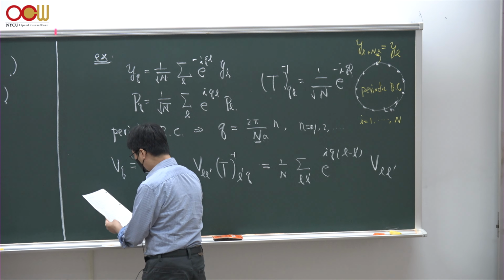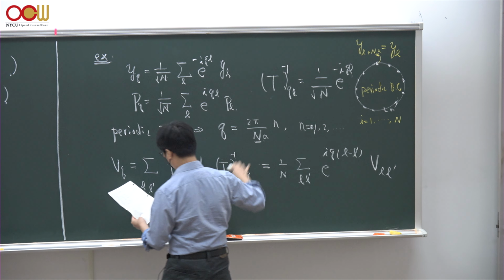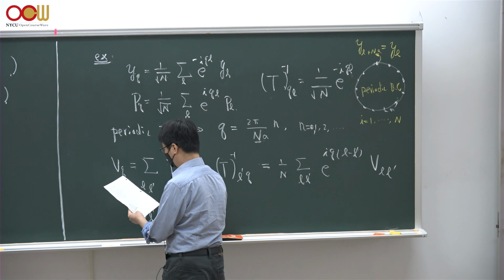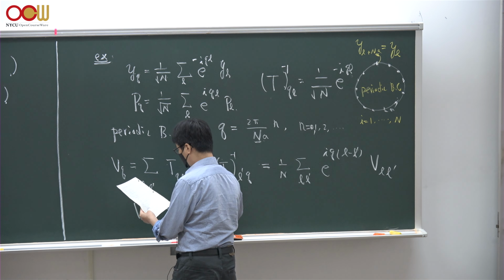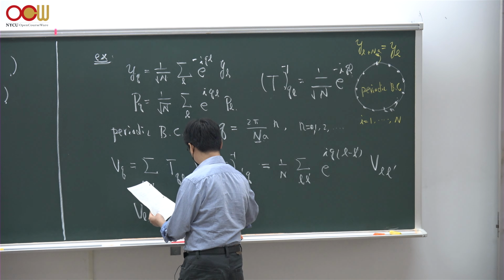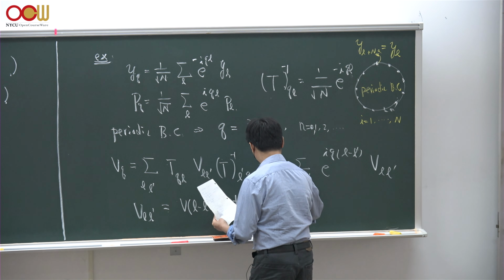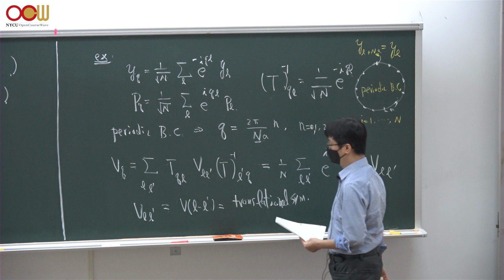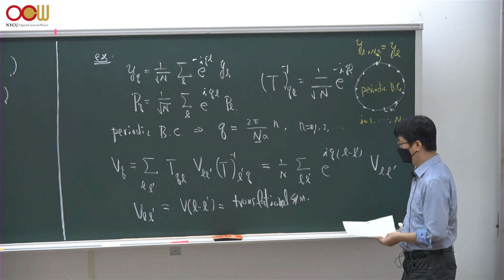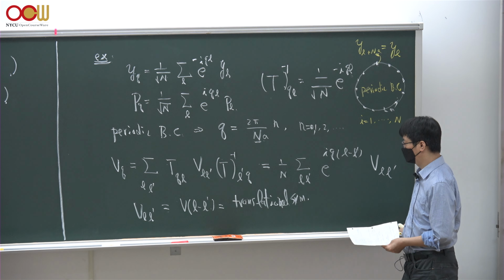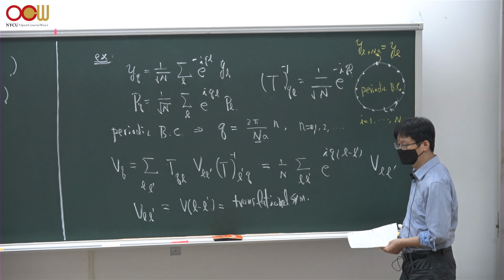And we also know that in this periodic system, the matrix element of this potential term is translational invariant. It shows translational symmetry, meaning it is only a function of the distance between L and L prime when you calculate the matrix element V_LL'.